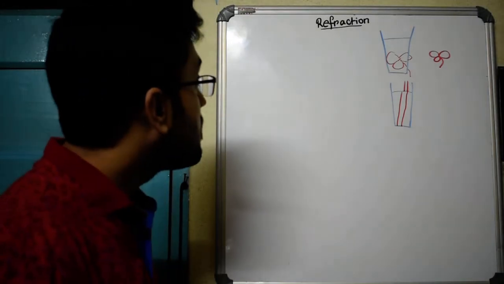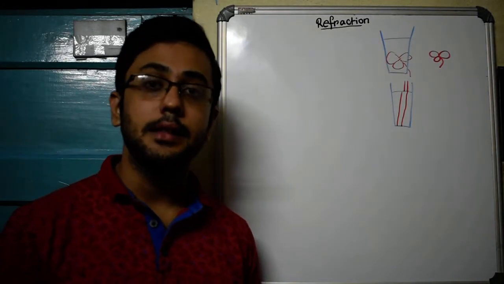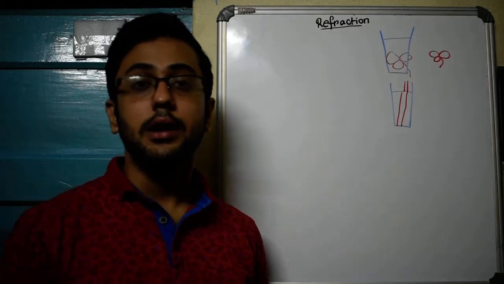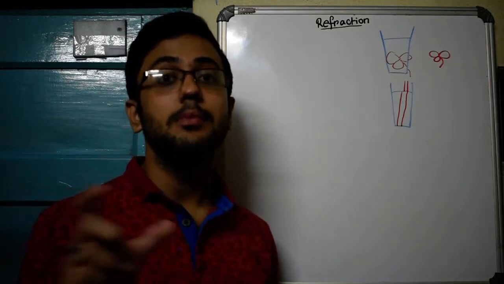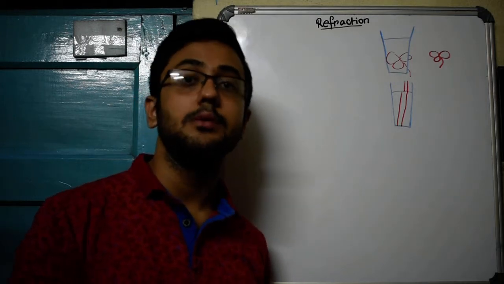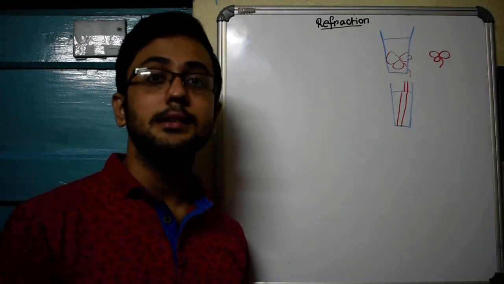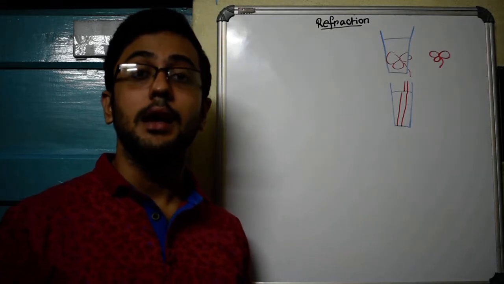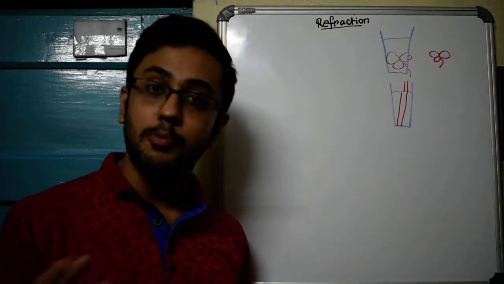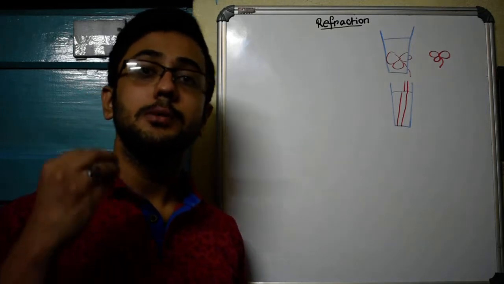Now here we have to keep in mind certain things. When we are trying to answer this type of question, words like transparent medium are very important. Saying that it is traveling from one transparent medium to another is very important, because if the medium is opaque, then we know light will not pass through it.